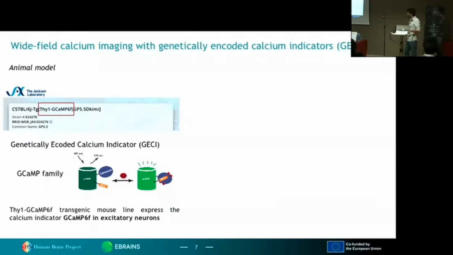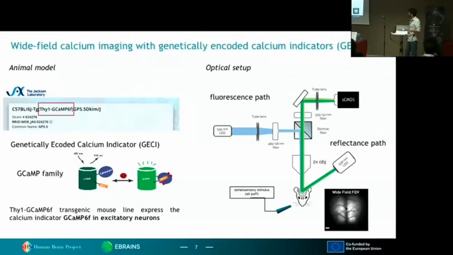With these tools, we studied neuronal population activation at mesoscale using the optical setup that is schematized here, consisting of a fluorescent path with excitation line and emission line that report the signal to the camera, and the reflectance path used to monitor the hemodynamic in order to subtract the hemodynamic component from the fluorescent signal.